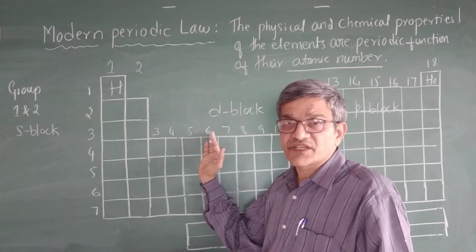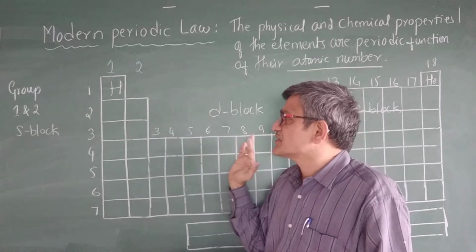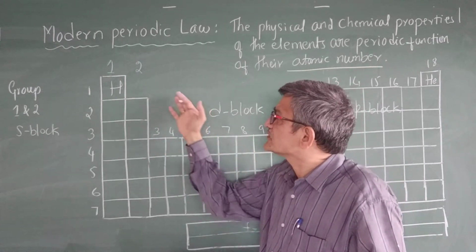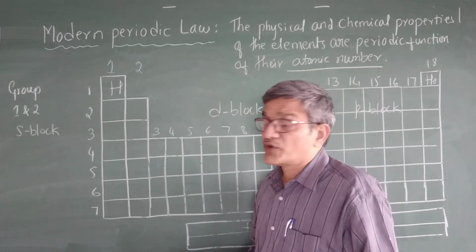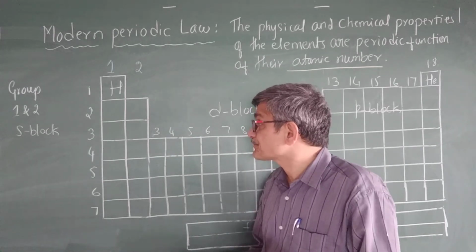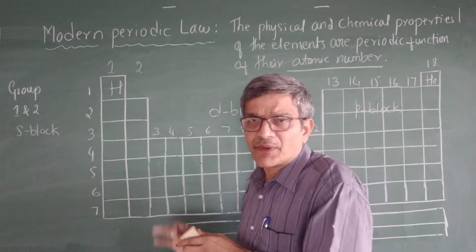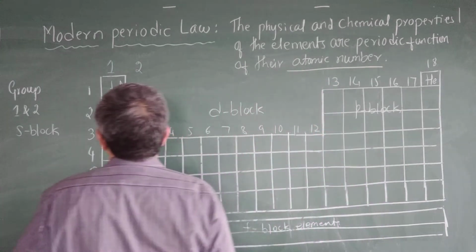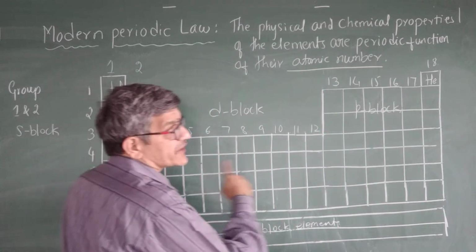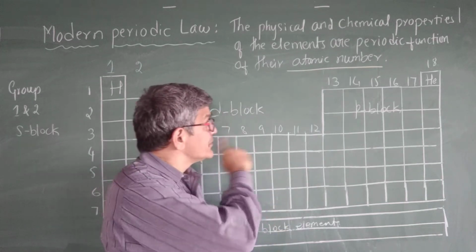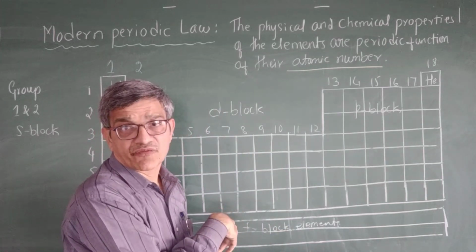So just go through the textbook on how the elements are distributed in the modern periodic table. Further, we are going to discuss once again the group and period wise electronic configuration. Here also they are classified based on their electronic configuration only.